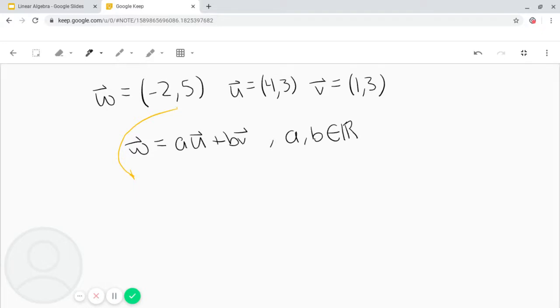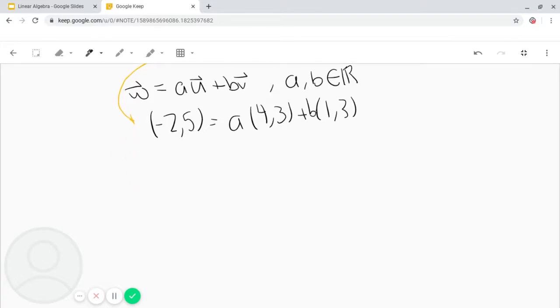It doesn't change the expression at all, but we just say -2, 5, which is w, equals a times 4, 3, which is u, plus b times 1, 3, which is vector v.